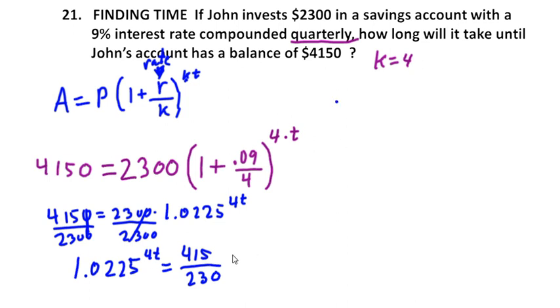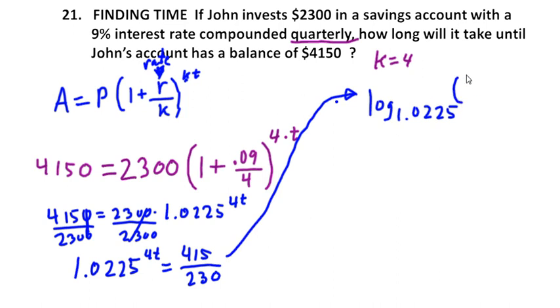So we have log base 1.0225 of this amount here, which is 415 over 230, equals 4t.